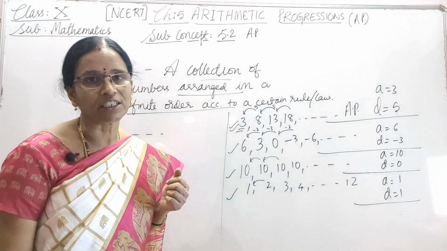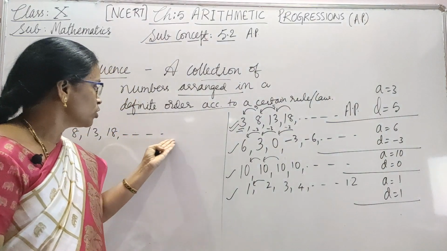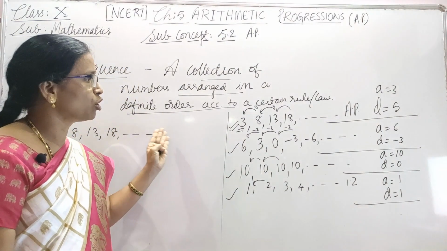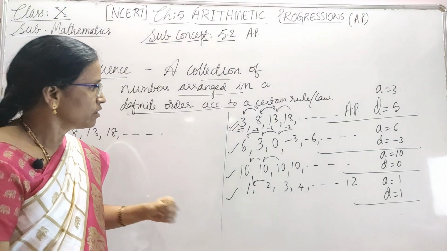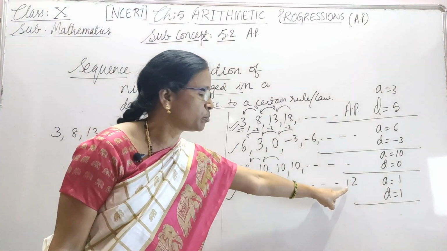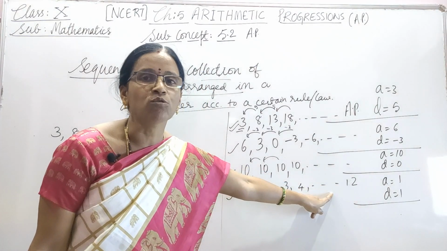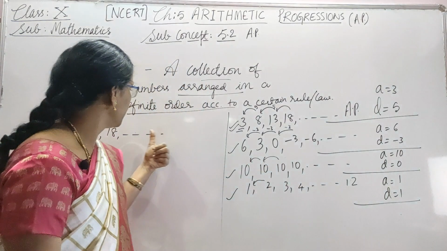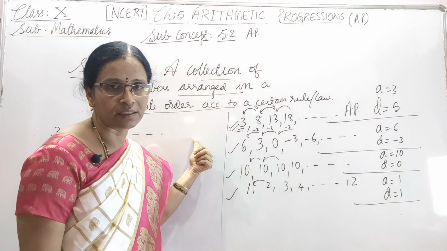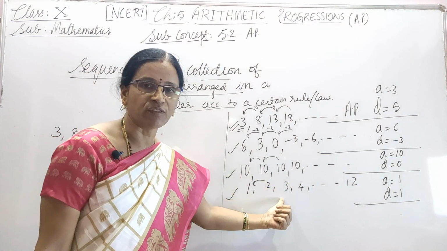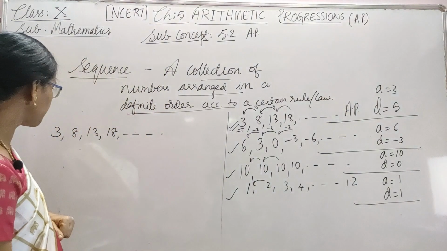There are so many terms here; it goes on and on. Whereas this one, I have stopped at 12. This is called a finite AP. We can count how many terms there are. Here we cannot count how many terms there are. This is an infinite AP, and this is a finite AP, right?